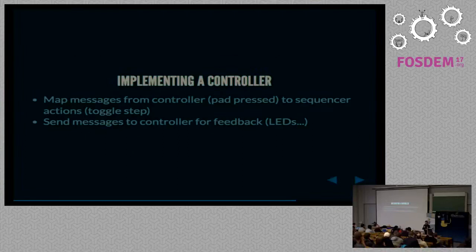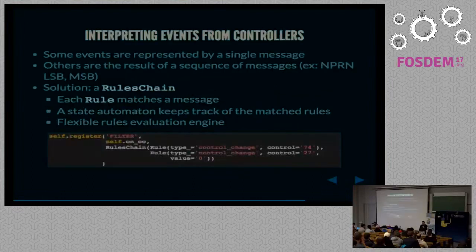So how do I implement a controller? I have to do two things. I have to map messages from the controller, like when this pad is pressed, to sequencer actions, like I want to toggle a step on that action. And I also have to send messages to the controller for live feedback.